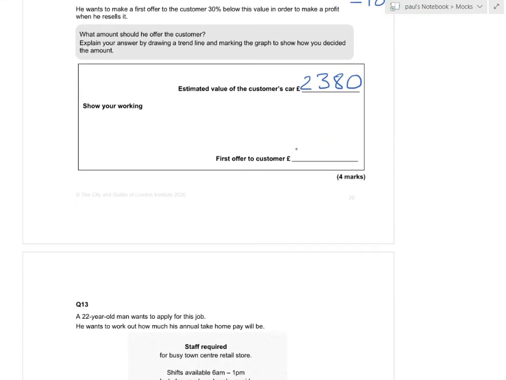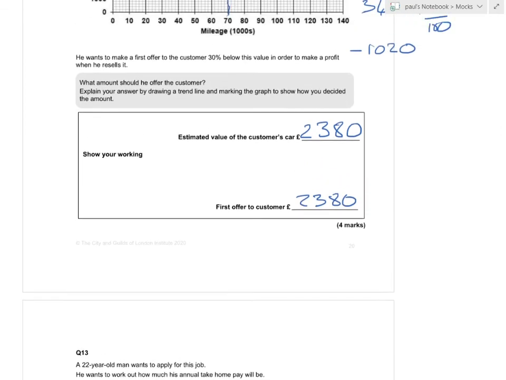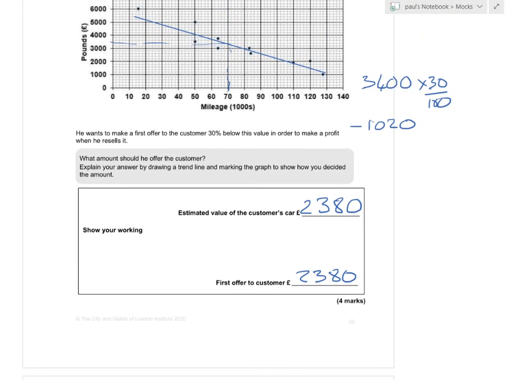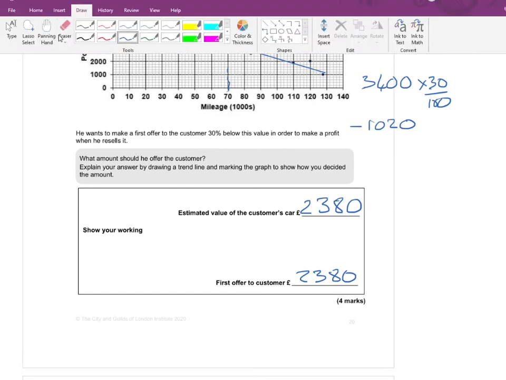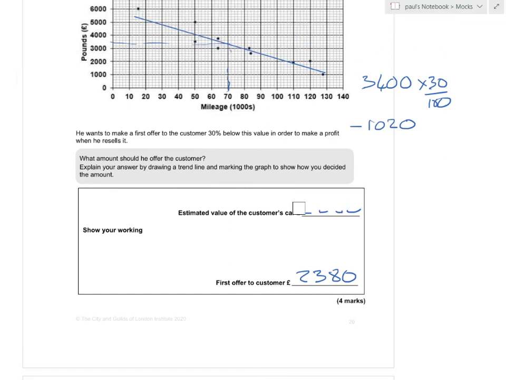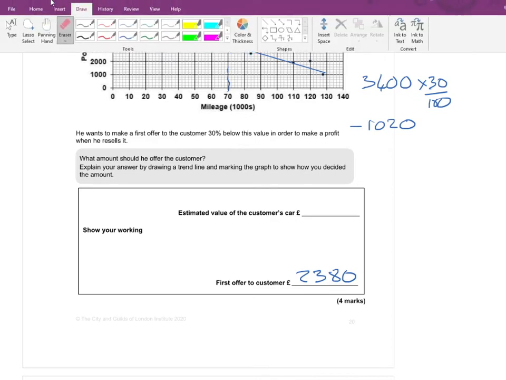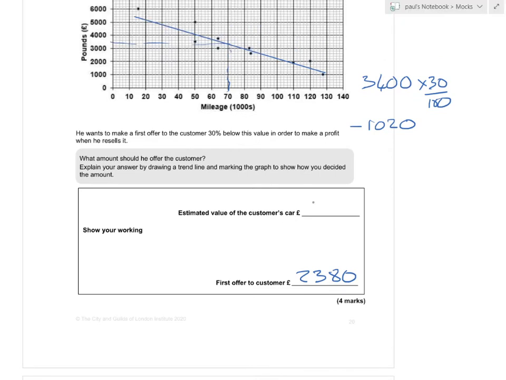So I estimated that the car should have been worth 3,400. Oh, robbery, 30% down.